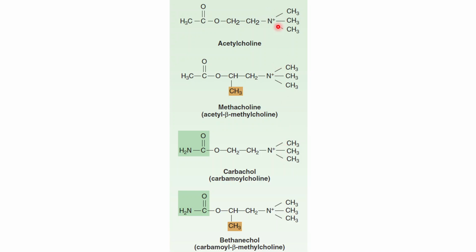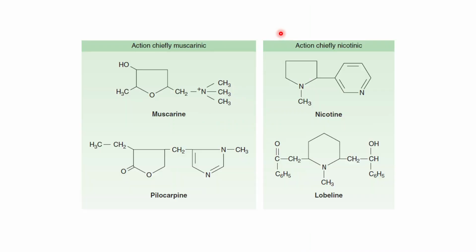So this is a highly polar molecule, and this makes them insoluble in lipids. Many naturally occurring and synthetic cholinomimetic drugs that are not choline esters have been identified. A few of these are pilocarpine and lobeline.